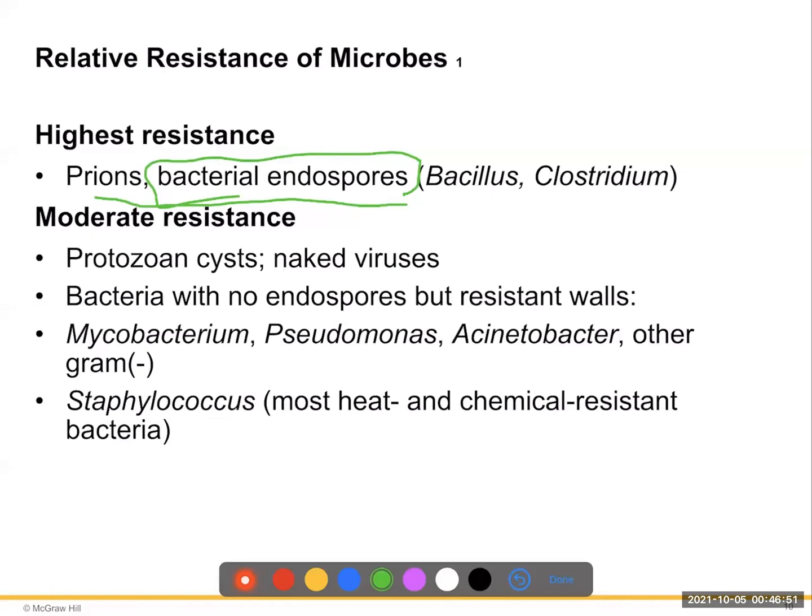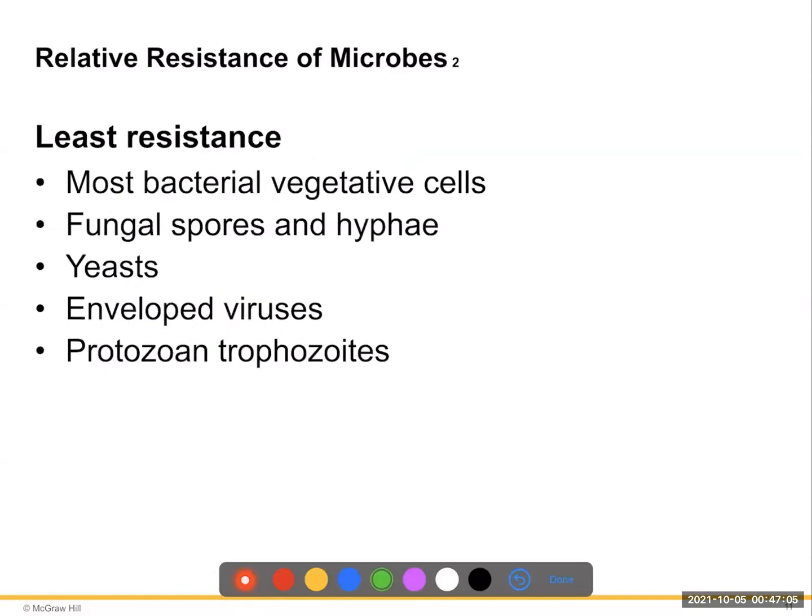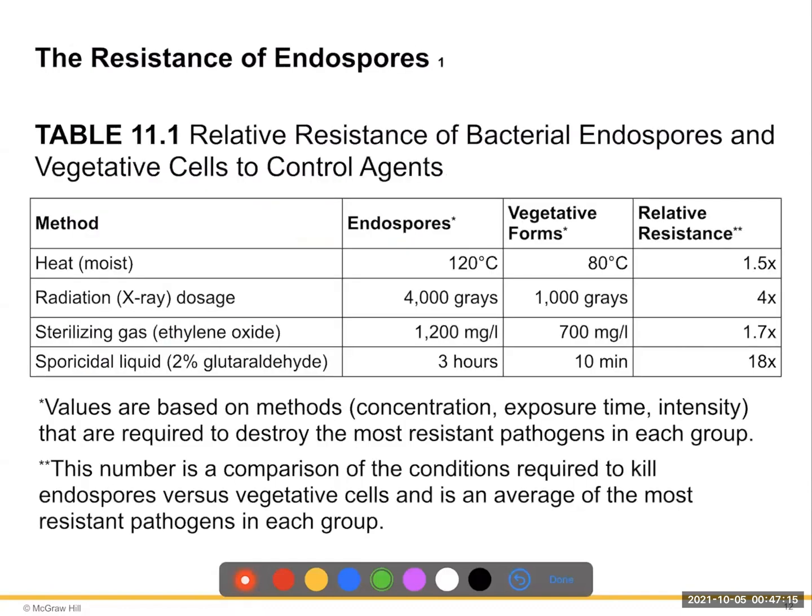Moderate resistance: protozoan cysts, naked viruses, bacteria with no endospores but resistant walls, other gram-negative bacteria, and the most heat and chemical resistant bacteria like Staphylococcus and mycobacteria. The least resistance is bacterial vegetative cells, like what gets on your skin, fungal spores and hyphae, yeast, enveloped viruses, and protozoan trophozoites. Okay, those are all relatively easy to kill.